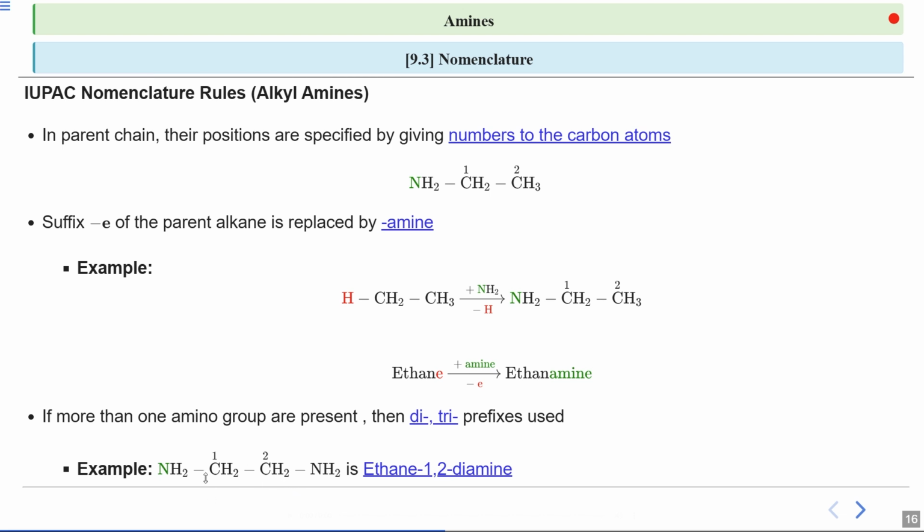Okay, one on the first carbon and one on the second carbon. So how you will name the compound? It is ethane 1,2 diamine. Di because 2 amine groups are there. Okay, and 1,2 shows the position of this NH2 group or this amino group. Okay, so this is ethane 1,2 diamine.